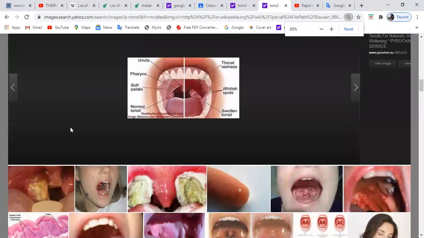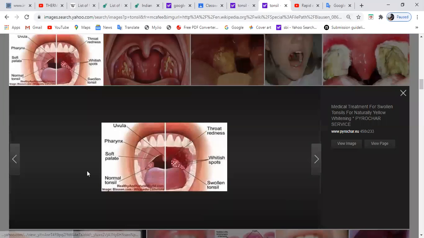So in the oral cavity, these are tonsils. The normal tonsils are not very pronounced, but if there is some inflammation or some infection in the tonsil, they are more swollen, right?